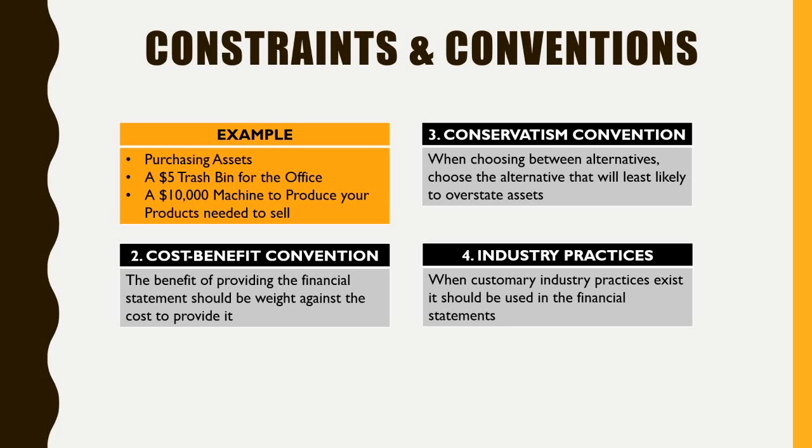Whereas another example would be, what if I bought a $10,000 machine for me to be able to produce the products I sell? That is 100% going to be a significant value that will affect your total assets.